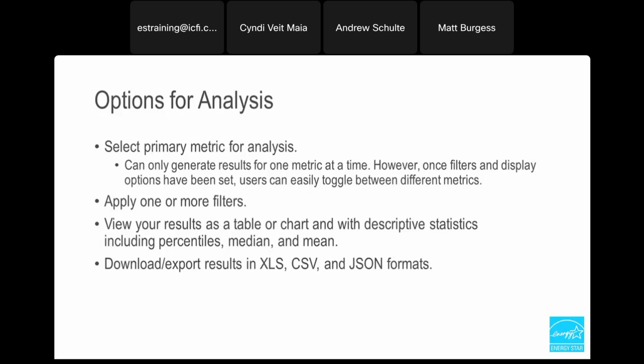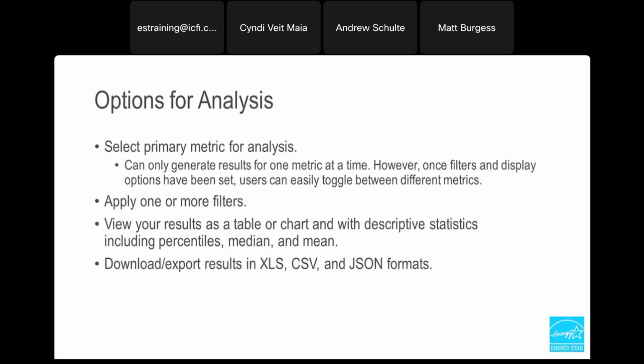However, as you'll see, once you've set up your query, it is quite easy to flip back and forth between different metrics. So you can set up your query, set up your filters, get your results, and then see those results for different metrics.